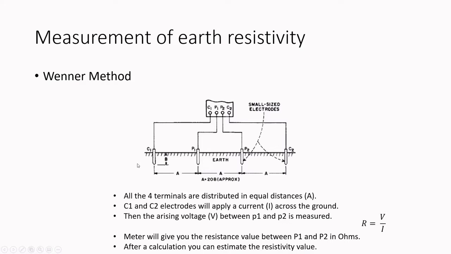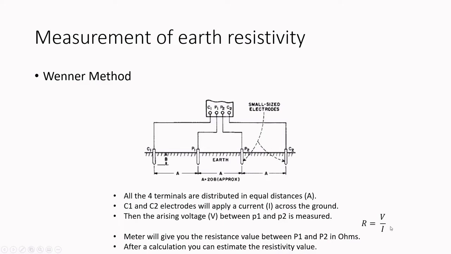What this meter will do is apply a current through the C1 to C2 conductors. So this electrode will apply a current to ground. When there's a current through the ground, there will be a potential rise between P1 and P2. The meter will measure this potential rise between P1 and P2, and it will also measure the current.